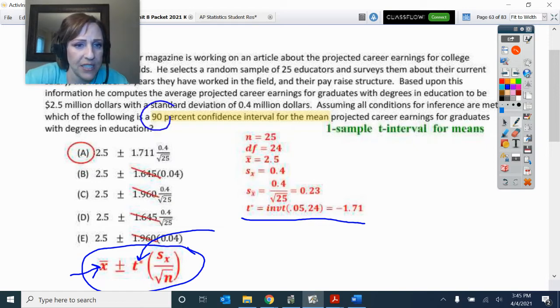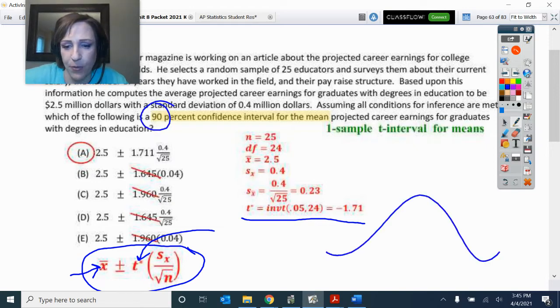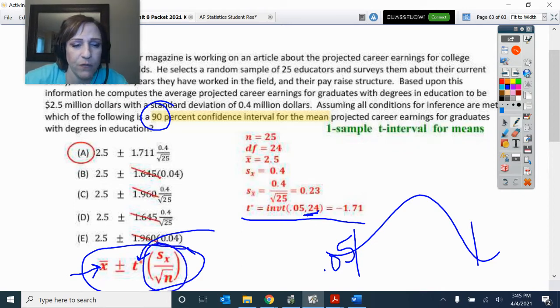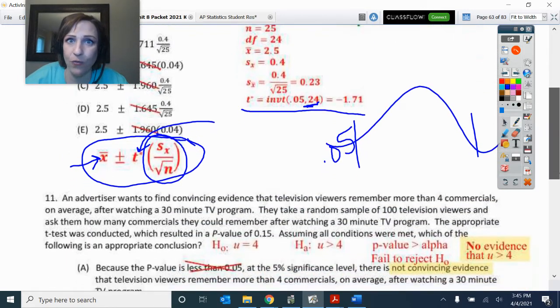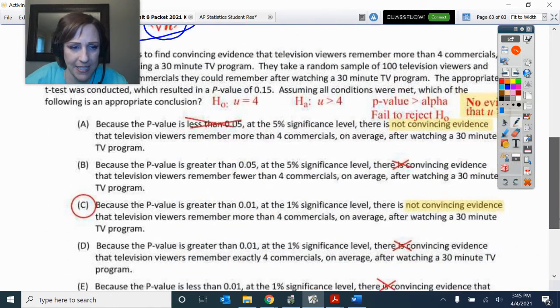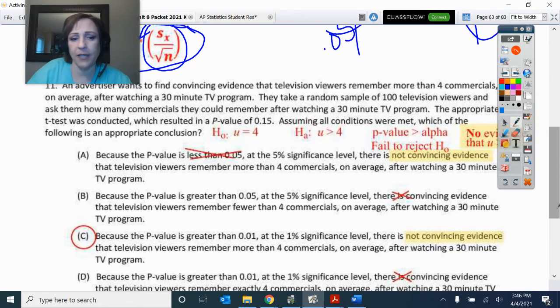If I'm 90% confident and I have 90% in the middle, then I have 1 tail of 0.05 and 24 degrees of freedom, because n minus 1. So that's how I got 1.71. And there's that number, and then here's the S of X, 0.4 over square root of 25. Alrighty then. That was one where you had to know the formula, and you had to know how to do it by hand.